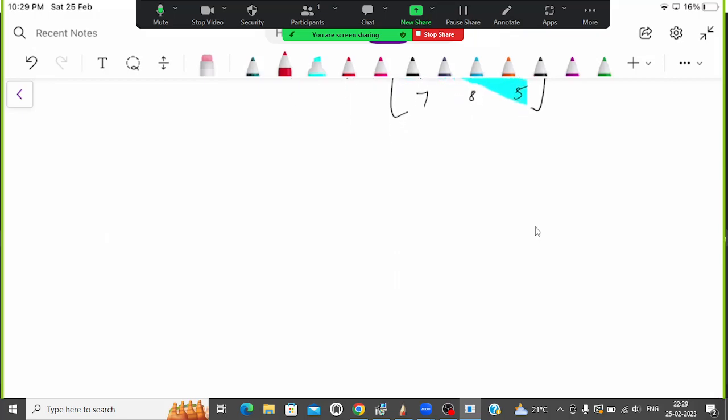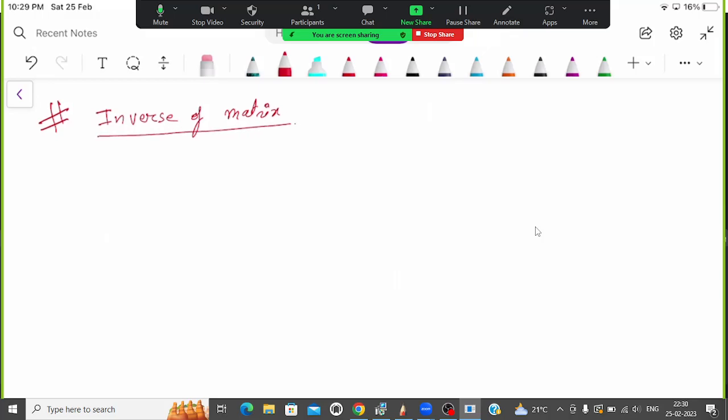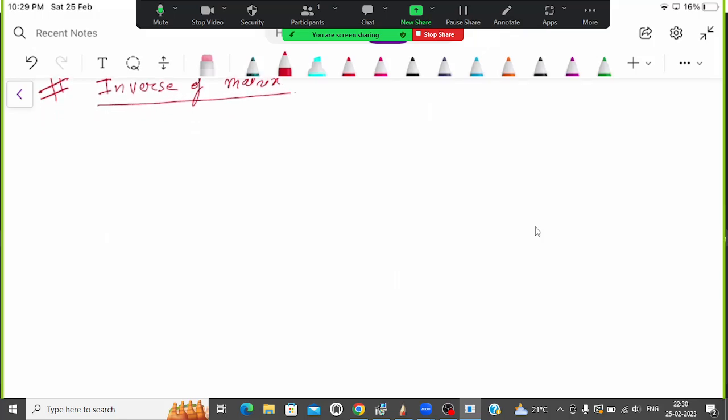Now we are going to see the inverse of a matrix.